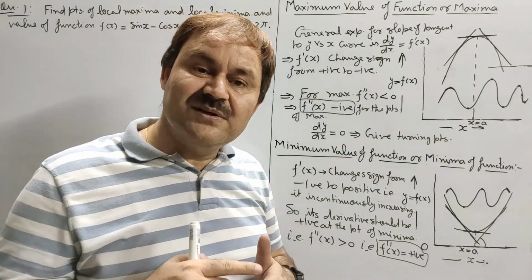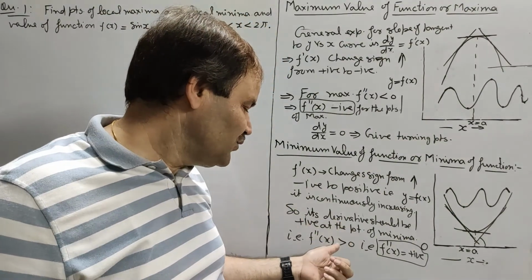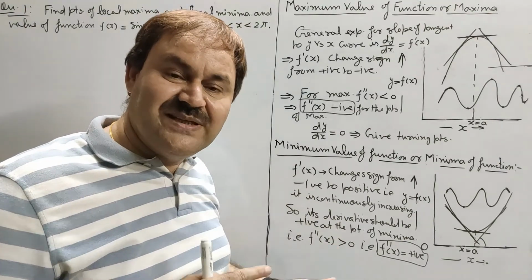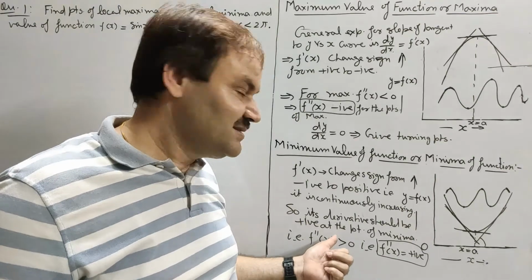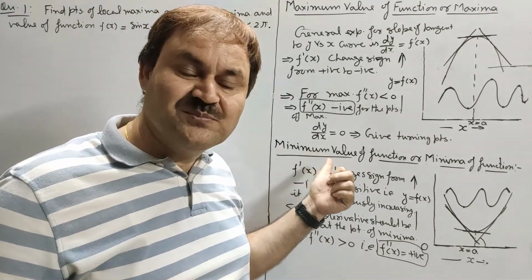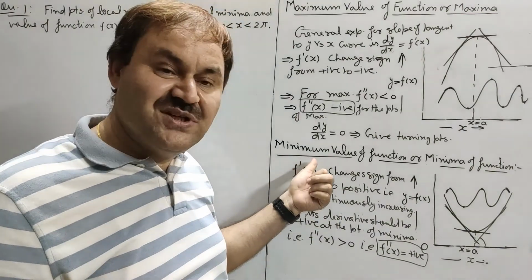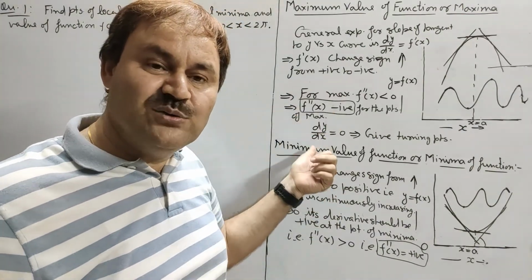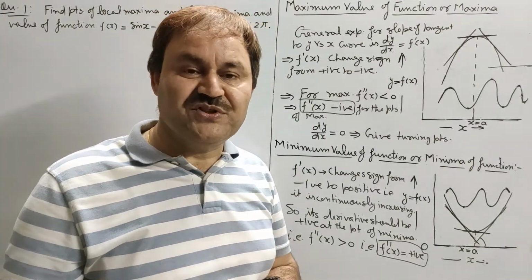And if f double dash x for some other points comes out to be positive, then for those values of x, function will have a minimum value. Putting those values of x in function, we can find out the maximum or minimum values of function.